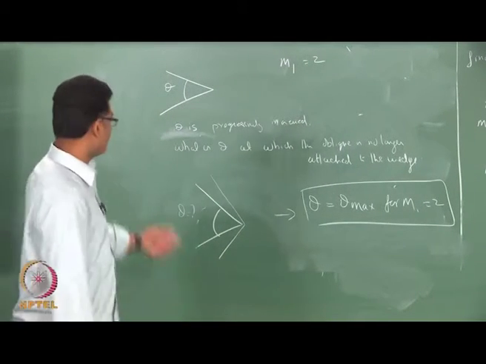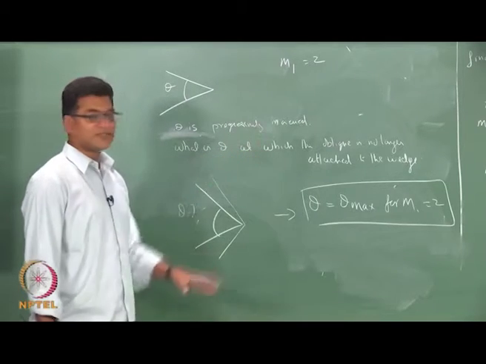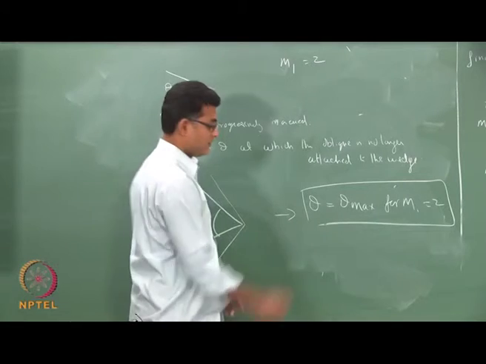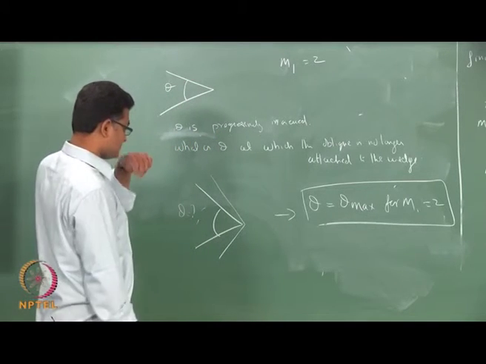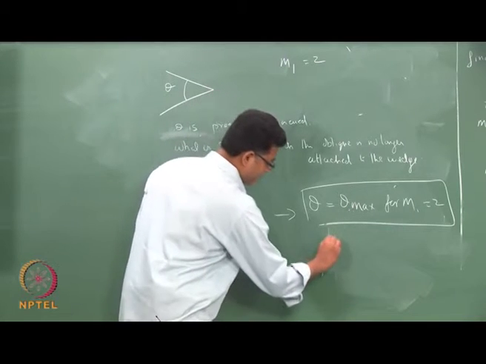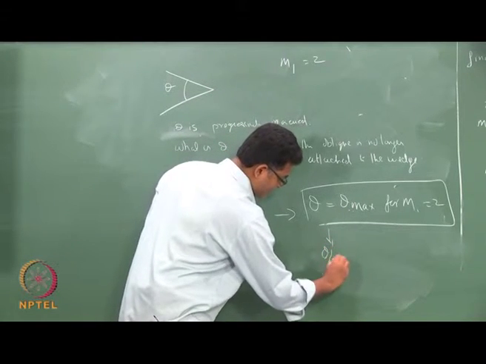That is okay. What is the theta at which the oblique shock is there? So, we will find theta equals theta max by 2. Yeah. So, correct. So, all you need to find is theta max by 2. From the chart you are going to get theta by 2.